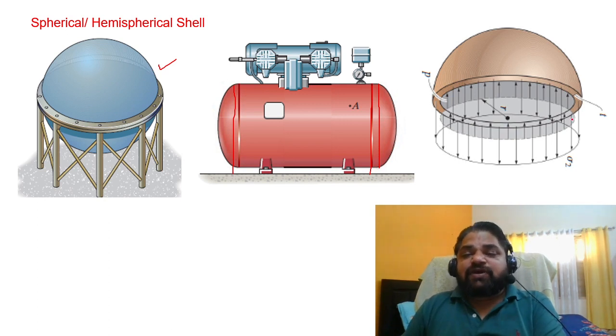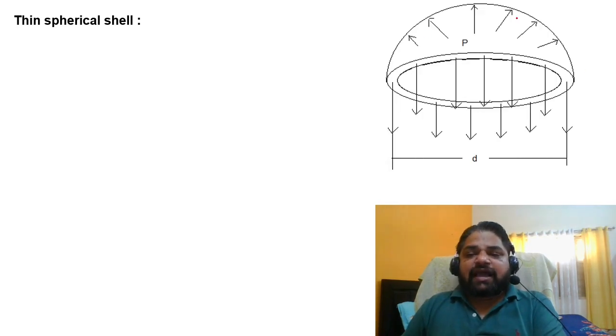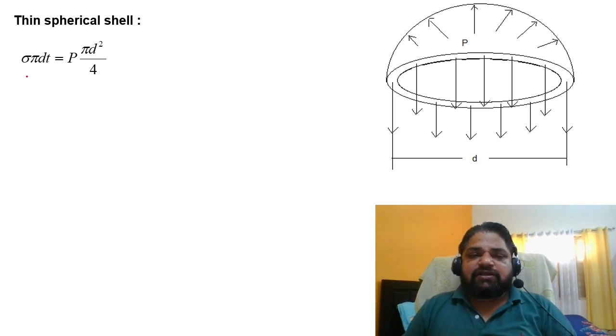Now in the case of the hemispherical end, all the stresses are going to develop along this direction. It is not the circumference, it is nothing but the circumferential stress. And if I talk about the longitudinal stress and circumferential stress, both are the same in all directions. So I can calculate this stress like sigma pi dt, because this is the bursting force, pressure into the projected area.